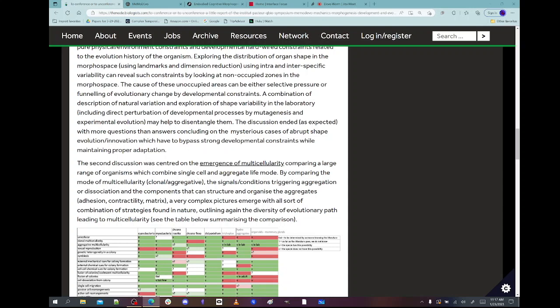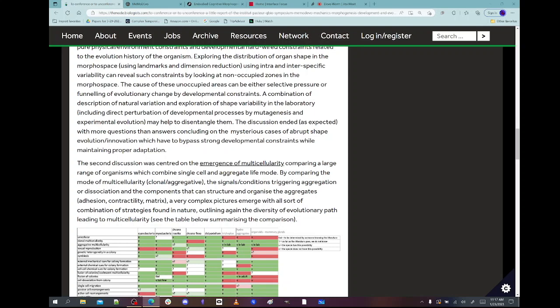So by comparing the mode of multicellularity, clonal or aggregative, the signals and conditions triggering aggregation or dissociation, which means to blow them apart and make them live separately, and the components that can structure and organize the aggregates: adhesion, contractility, the matrix.